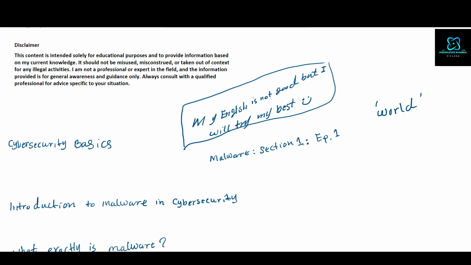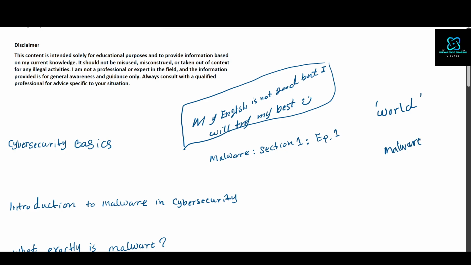This first section consists of many episodes. This is the first one. This episode is just an introduction to what we are going to learn in the topic of malware.